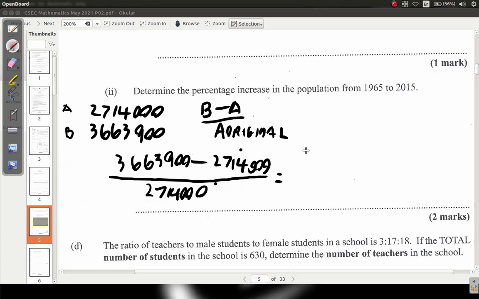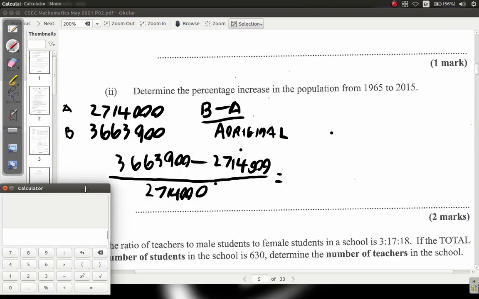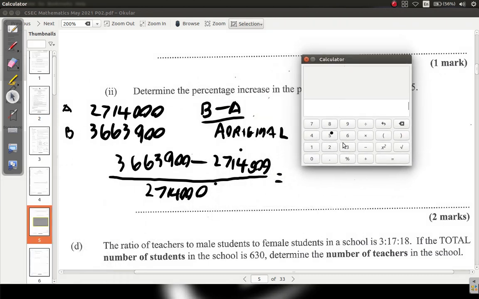Let me do a quick thing with the calculator: 3,663,900 minus 2,714,000, equals, over 2,714,000, equals.